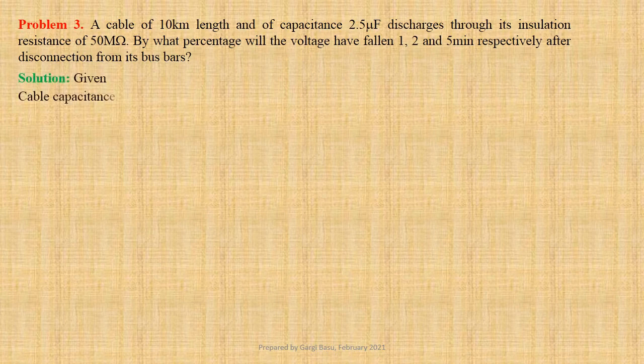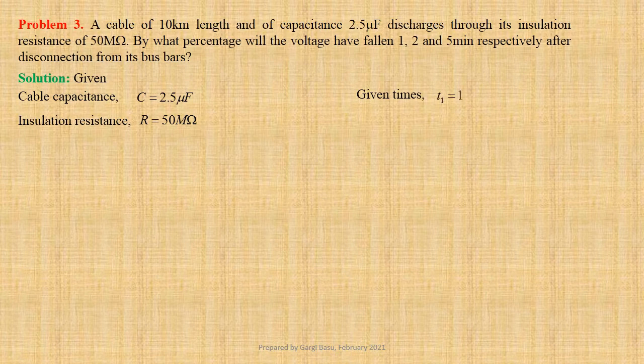Cable capacitance C equals 2.5 microfarad. Insulation resistance R equals 50 mega ohm. Given timings: T1 equals 1 minute, that is equal to 1 into 60, that gives us 60 seconds.